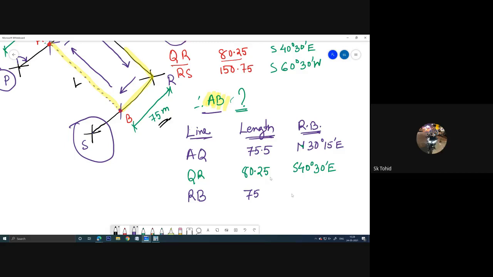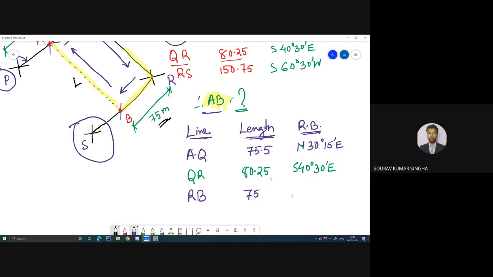Shubham, Rajdeep and others, is that clear? Yes, sir. Okay, so that means we can write that the reduced bearing of RB will be south 60 degree 30 minute west. Please write this down, because my mouse is not working right now and the pen tab is also not working. I am just dictating: the reduced bearing of RB is south 60 degree 30 minute west.